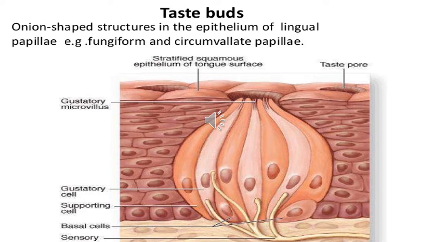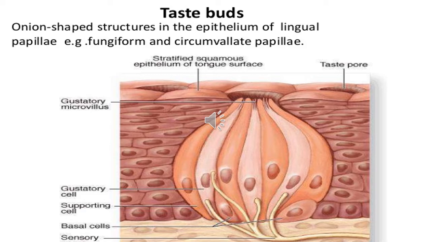They take up the darker staining with hematoxylin and eosin. Then the lighter ones are also called the neuroepithelial cells. They have got nerve endings in them, which carry the different types of taste sensations to the central nervous system, and they are also called the gustatory receptor cells.